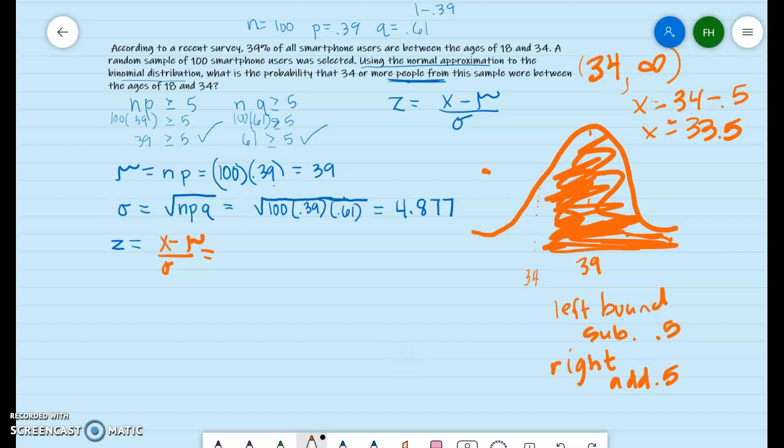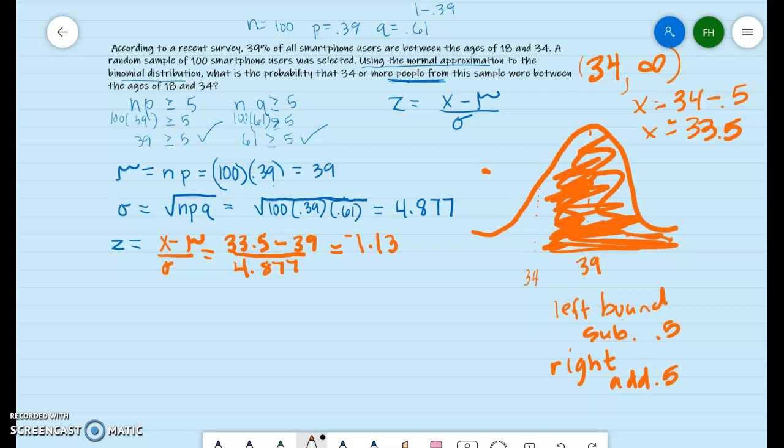So we know that x is now 33.5 minus your mean, which is 39, divided by your standard deviation, which is 4.877. So if you calculate that in your calculator, you're going to get negative 1.13.